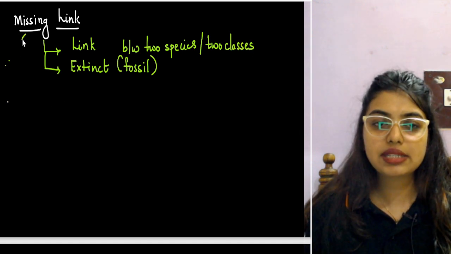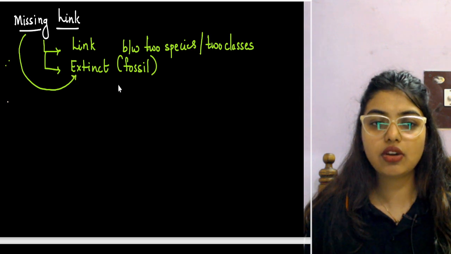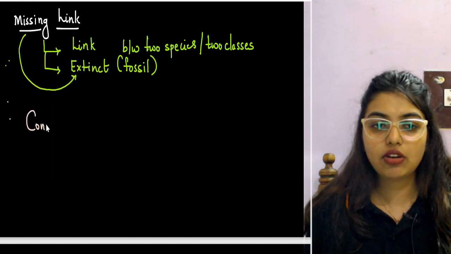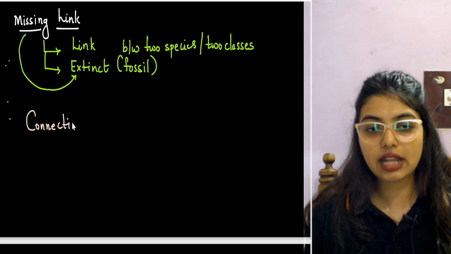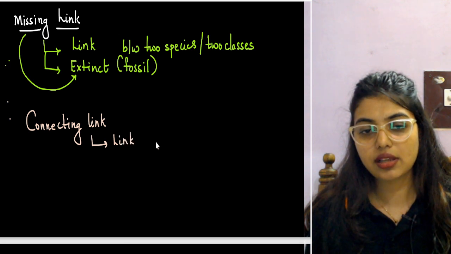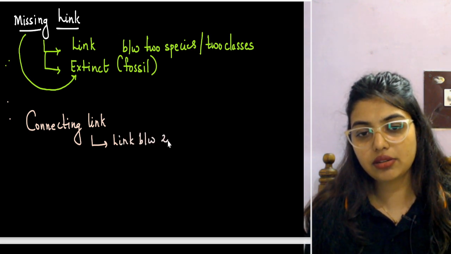We call it missing link because it got extinct or it is a fossil. I'll call it a connecting link when it is still alive and it is a link between two things.